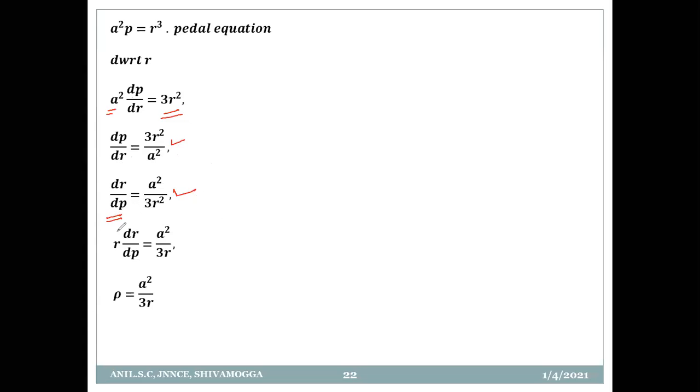Now multiply both sides by r. r into dr by dp is equal to a square divided by 3r square into r. Cancel 1 r with 1 r here. You get a square divided by 3r. And r into dr by dp is denoted by rho. Rho is equal to a square divided by 3r. Therefore, rho is equal to a square divided by 3, which is a constant, into 1 by r.